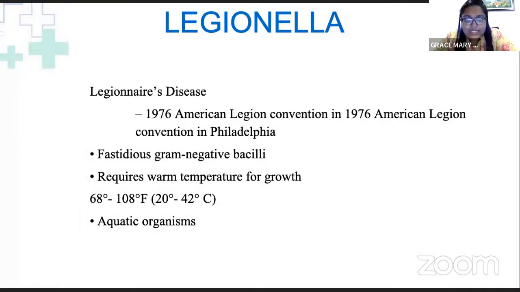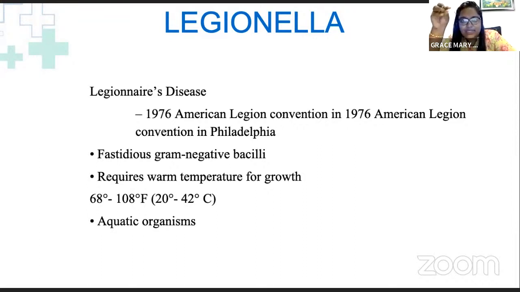And the last one is Legionella. The reason why Legionella got named is because of Legionnaires' disease. A large convention was happening in Philadelphia, and in this convention a lot of people fell sick. This Legionella bacteria can be in your AC vents, in your water.